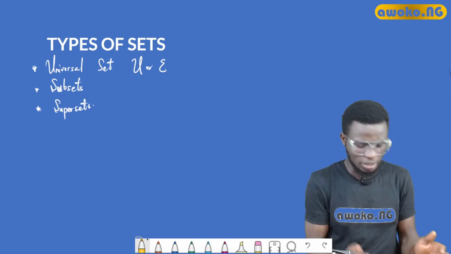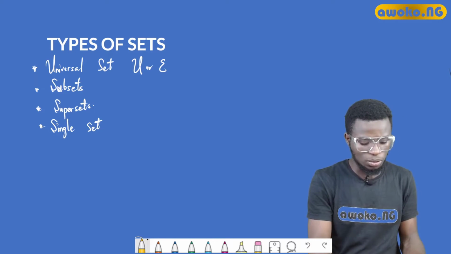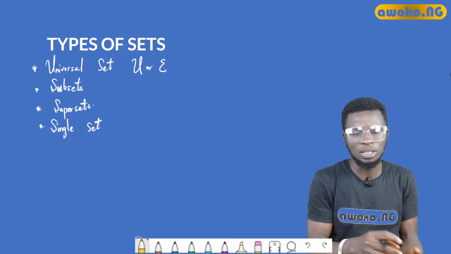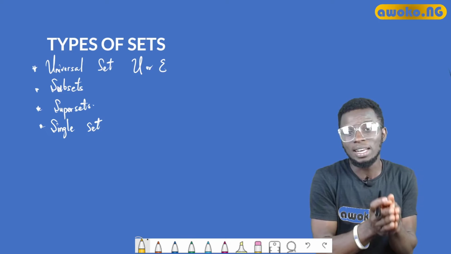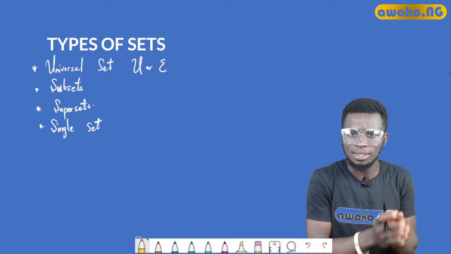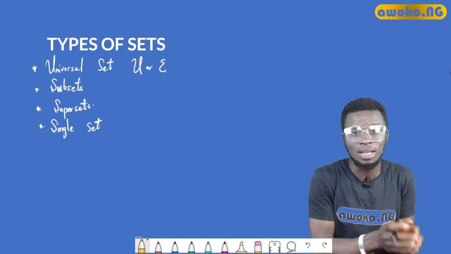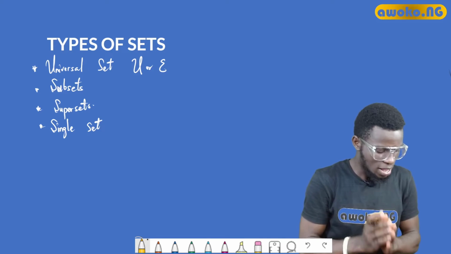We also have a type of set called a single set. We classify sets based on the type of the items or the elements contained in a particular set. So just like the name implies, a single set is a set that contains only one member or element.